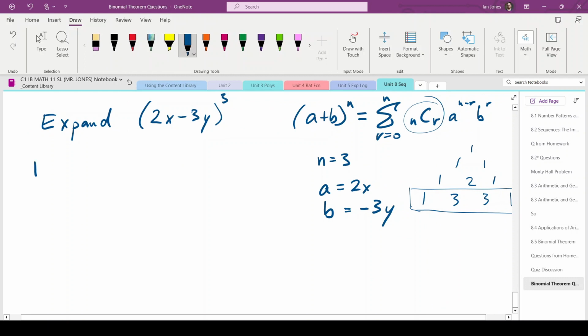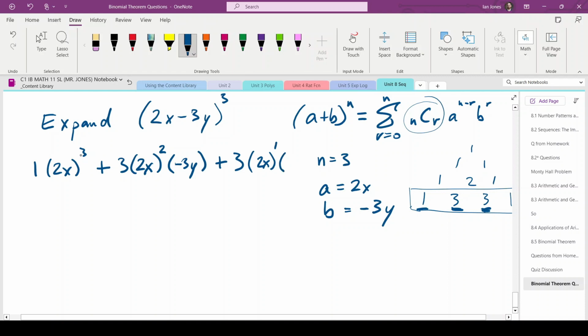So I have a 1 from this one here times a to the n, which would be 2x to the 3, and then b to the 0, which I don't need to write, plus the next coefficient is 3, a to the n minus 1, which is 2, b to the 1, which is negative 3y, plus the next coefficient, 3, a, which is 2x, to the n minus 2, which is 1.